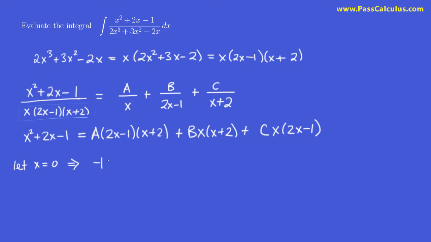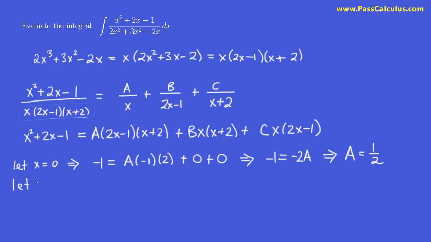So we get negative 1 equals A times 0 minus 1 is minus 1, 0 plus 2 is 2. And when x is 0, this entire term gets wiped out. This entire term gets wiped out. And what do we have left? We have negative 1 equals negative 2A. And that means A is 1/2. So that's a good start.